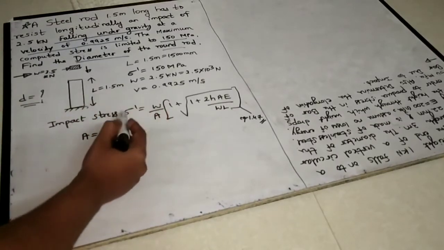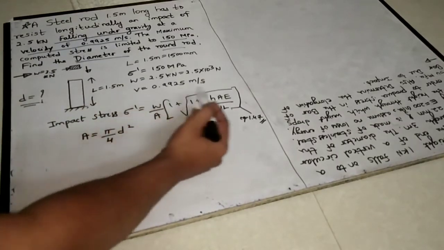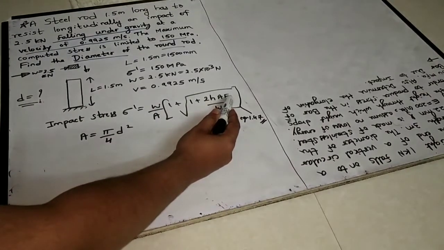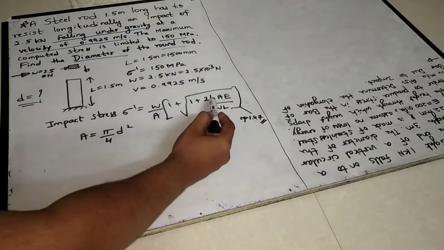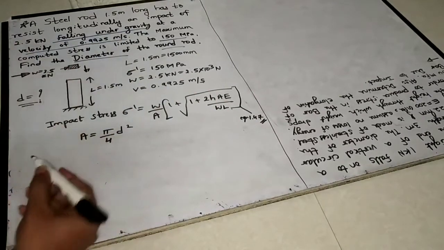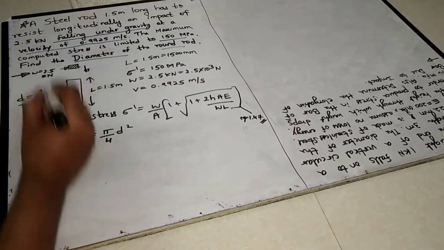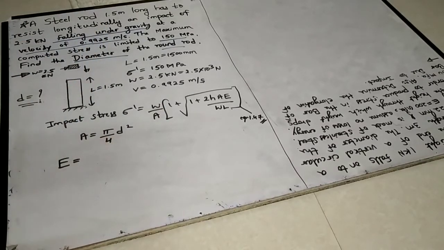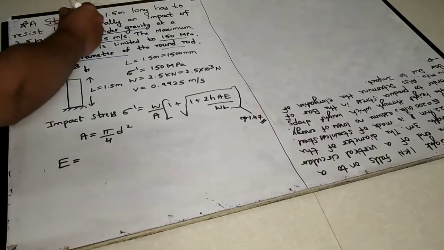Okay. So W is known to us, L is known to us. What is not known is Young's modulus and height h. Right? Now, in this case, Young's modulus is not given in the question, right? But they have mentioned a steel rod.